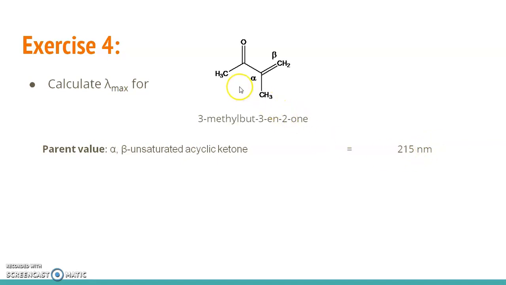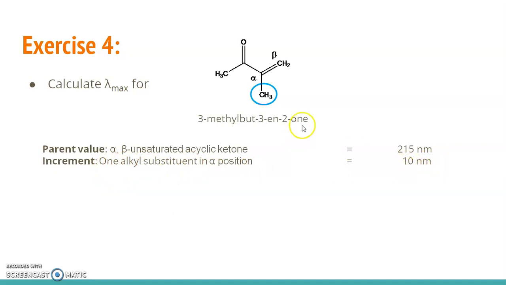After that, we look for any ring residues or alkyl substituents. Since there is no ring involved, the ring residues are absent. We have one substitution on this alpha carbon, which is a methyl or alkyl substitution, so I assign one increment, 10 nanometer.